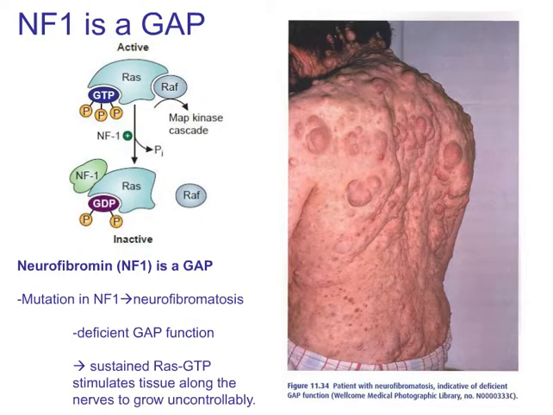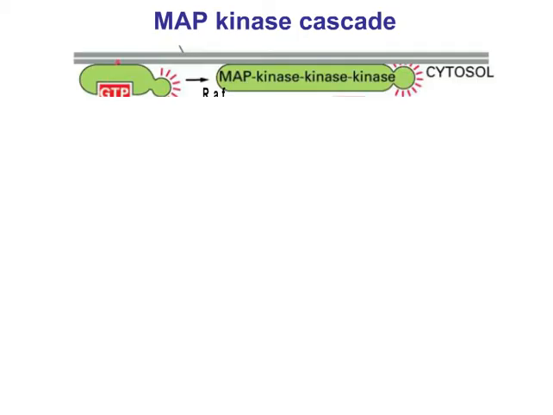This leads to sustained Ras-GTP stimulation in the tissues along the nerves, causing them to grow uncontrollably and form nodules, called neurofibromas. The individual shown in this picture has an inherited defect in the NF1 gene, and thus has formed multiple neurofibromas.